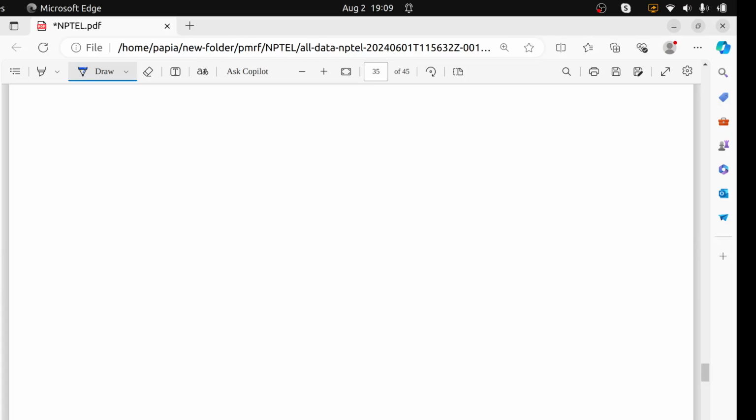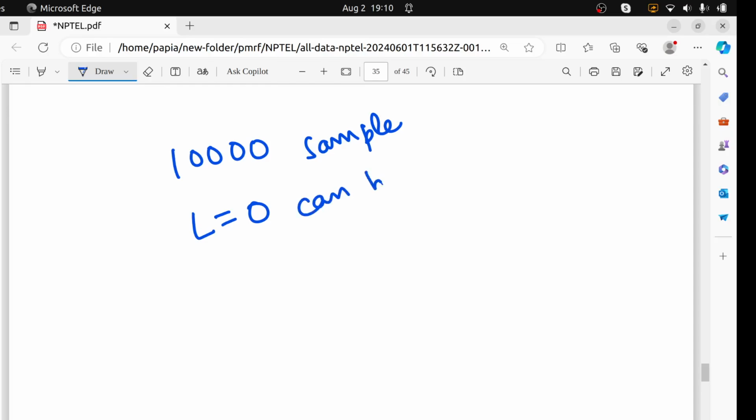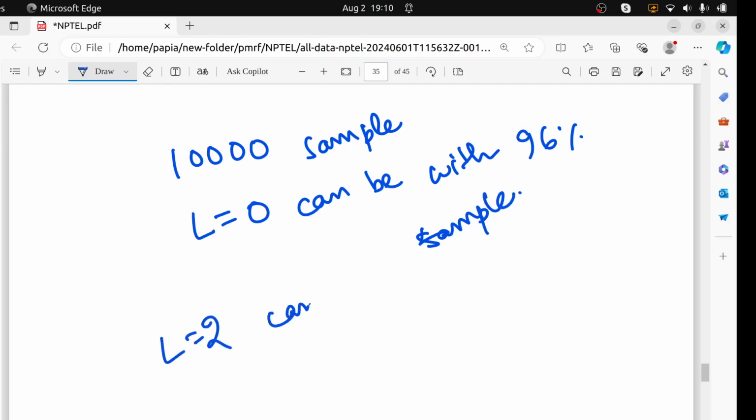Now you just understand, I have 10,000 samples. Among these, L equals to 0 can be with 96% sample, and L equals to 2 can be with 4% sample.